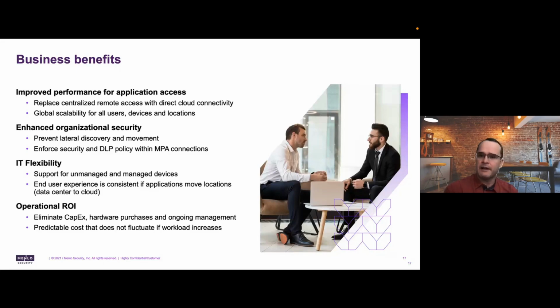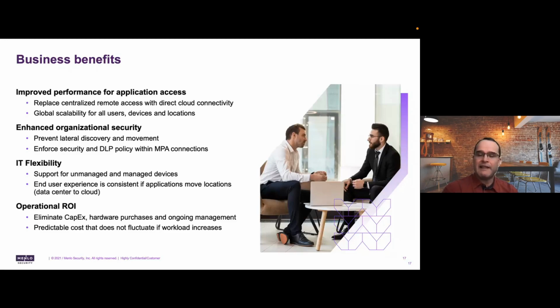Like I talked about a second ago, we dramatically enhance overall security for your organization. We dramatically lower the threat landscape, the attack surface from application accesses. Of course, we prevent lateral discovery, right? If a user gets compromised and the attacker gets access to VPN credentials, lateral spread of attacks is a major problem.